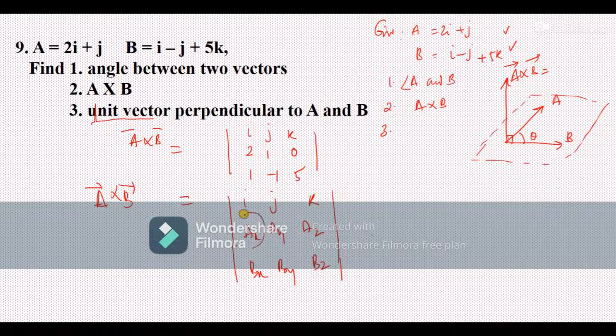Using this we solve the problem. Here we are representing ax, ay, az, and similarly bx, by and bz. These are the magnitudes of the vectors in each direction i, j, k.